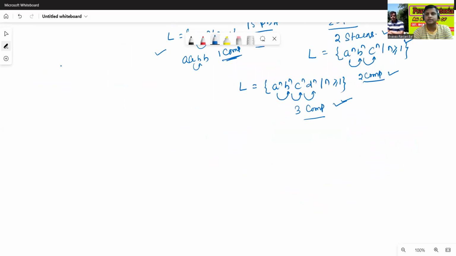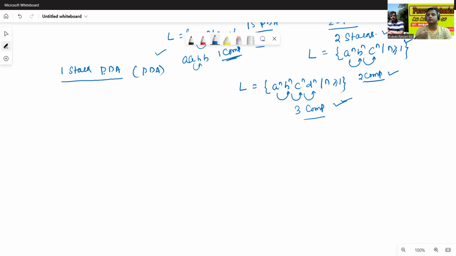Just remember one-stack PDA. In the case of one-stack PDA, simply also called push-down automata, what is the transition function?